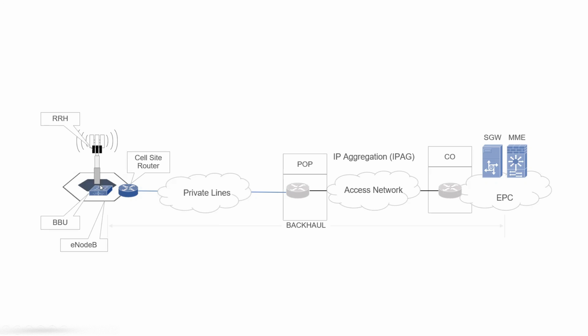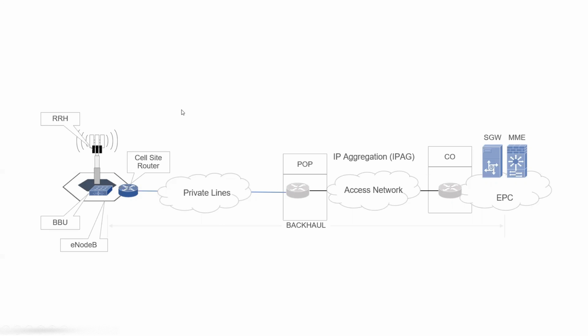For example, for maintenance, you need to send engineers to each cell tower for troubleshooting or for a maintenance activity, right? So this really increases the cost of the telecom operators.